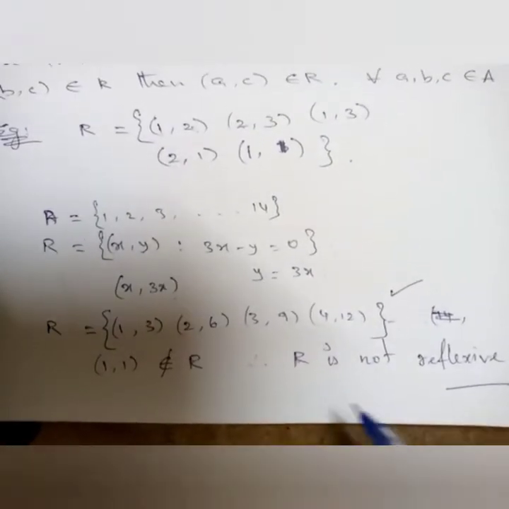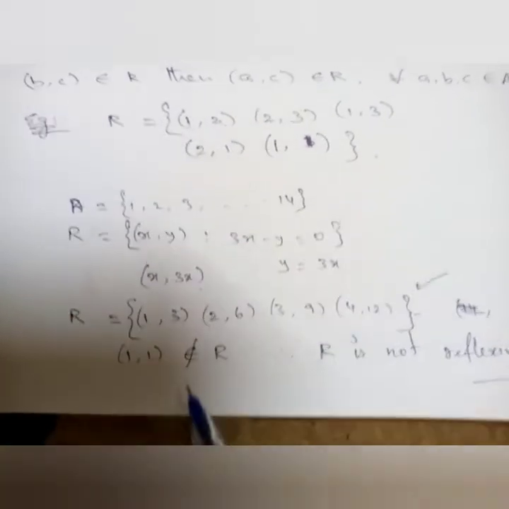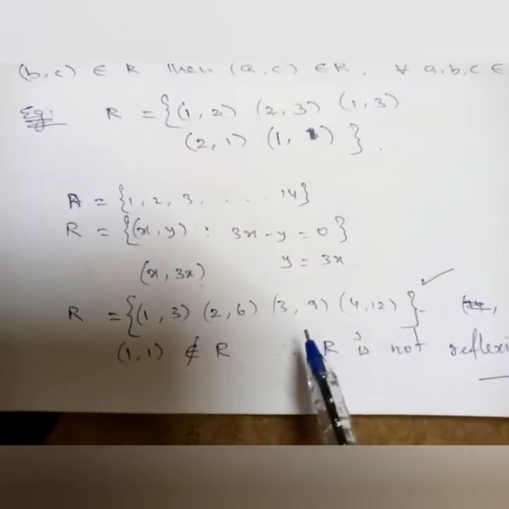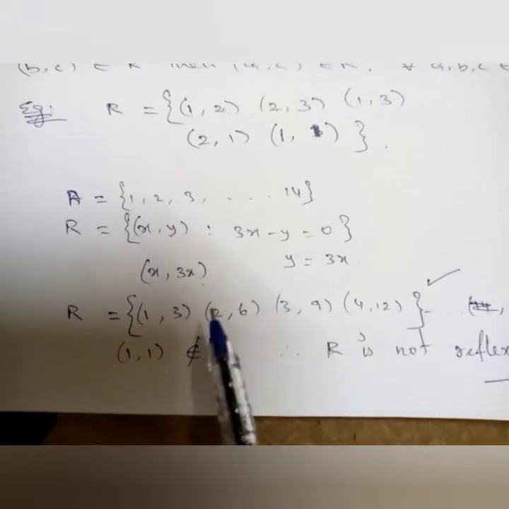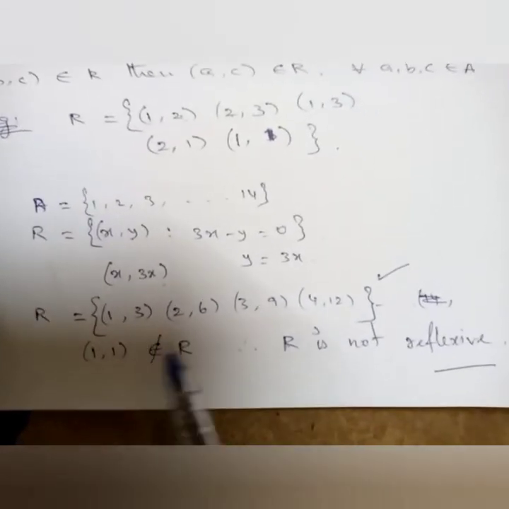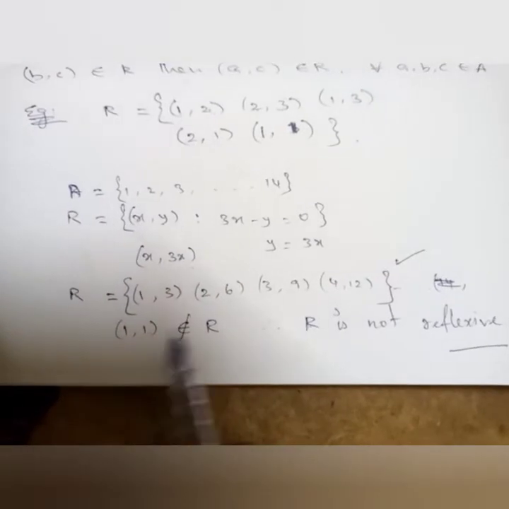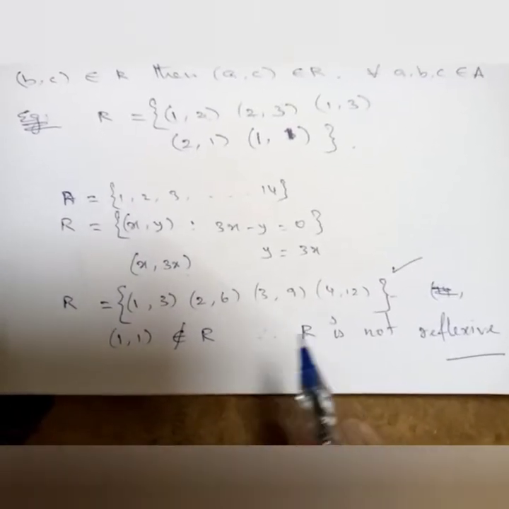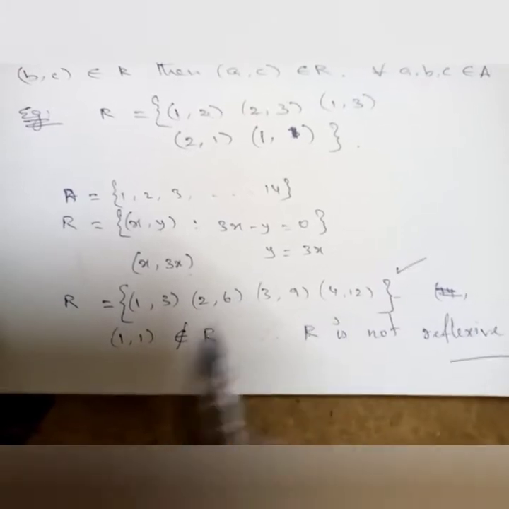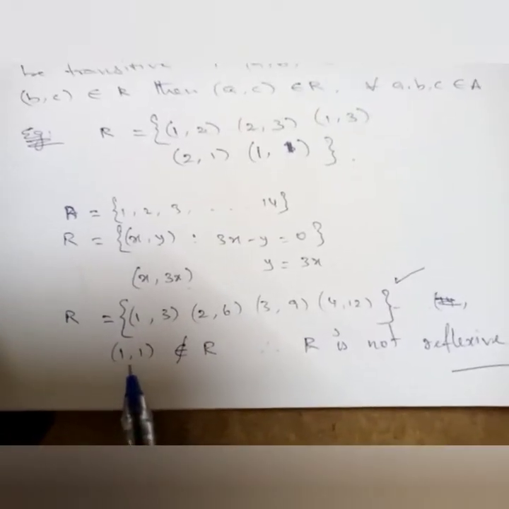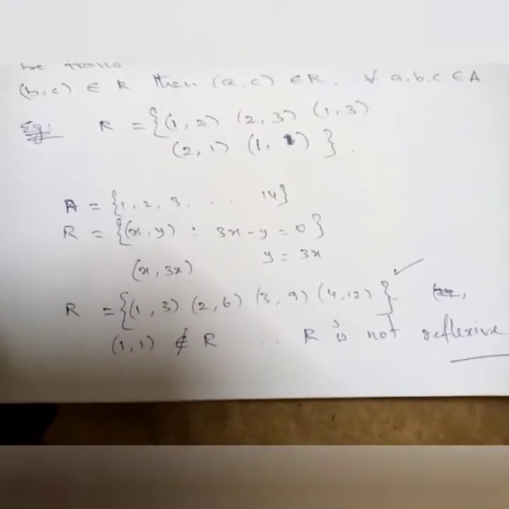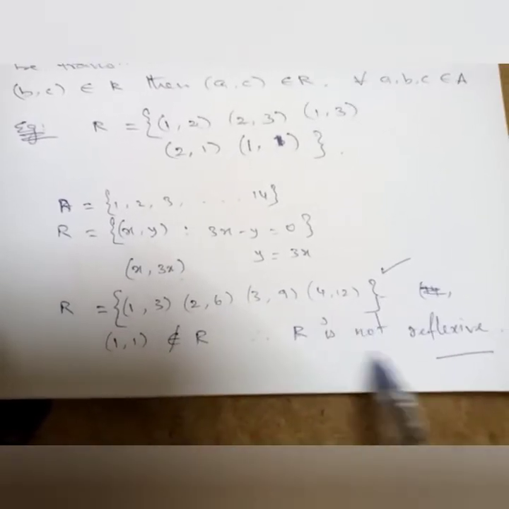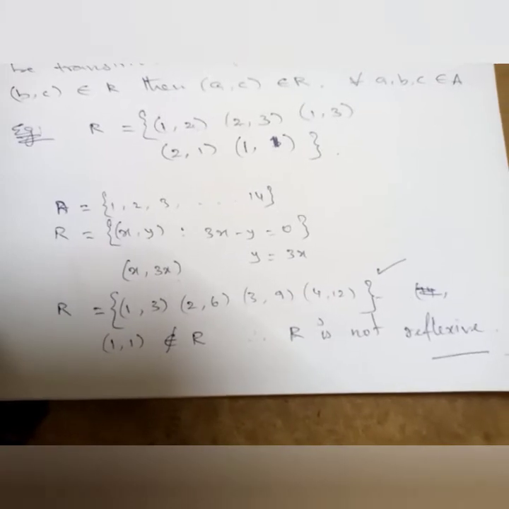That's all. That means (1, 1) must be there, 2 is there means (2, 2) must be there, (3, 3), (4, 4) must be there. Then only we can say this is reflexive. But (1, 1) is not there. Therefore we can stop here itself. We no need to find whether (2, 2) is there or not. No need, because if at least one element is not there, we can say (1, 1) must be there, it is not there. Therefore we can say it is not reflexive.